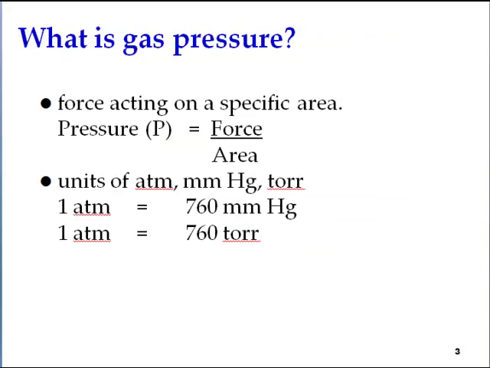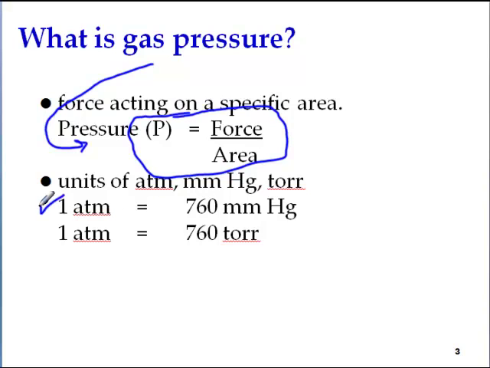So here is the same example that I gave you before about the mathematical calculation of pressure: force per unit area, and the units for these are atmosphere, torr, and millimeters mercury. 1 atmosphere is equivalent to 760 millimeters mercury, and 1 atmosphere is also equal to 760 torr.